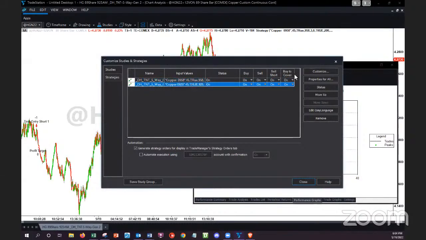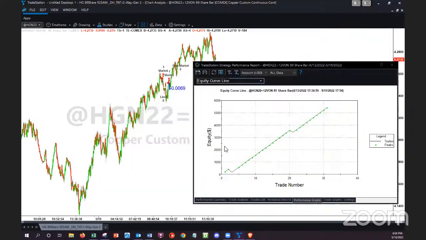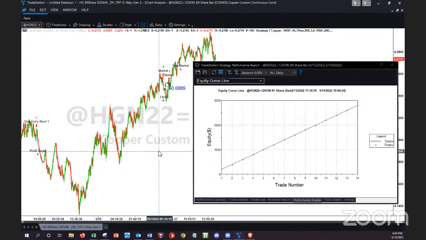So I'm going to turn the 9:25 off, and you'll see the equity curve change momentarily. Let's see if this will actually show what I expect it to show. And it doesn't. That's okay, we'll deal with it.